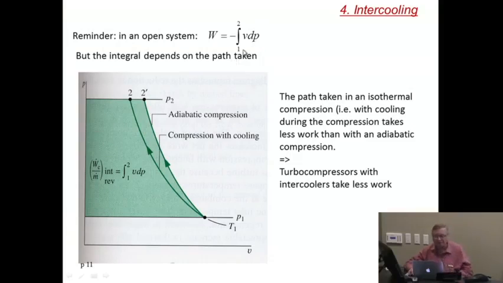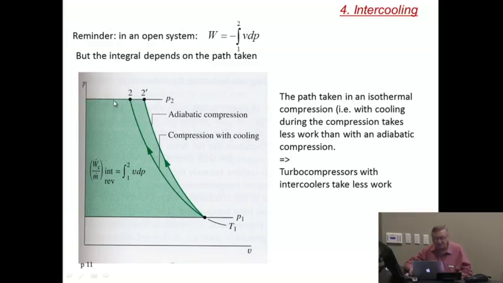Well, and we have also learned that work is not an equation of state, that it depends on the path taken. Well, it turns out that if you take a path that's an adiabatic compression between 1 and 2 prime here, that path is different from a path that would be following an isotherm. So if I take T1 equals T2, arbitrarily, that path would be between here and here.